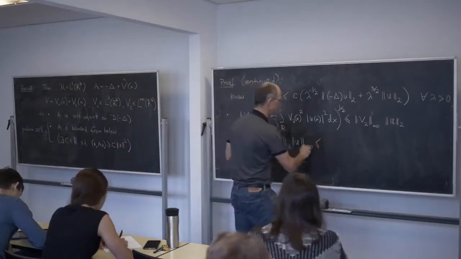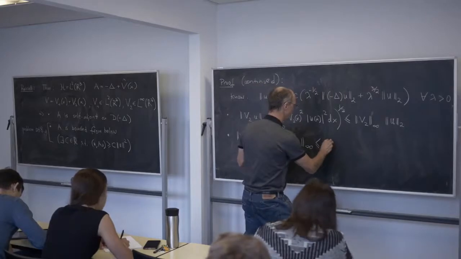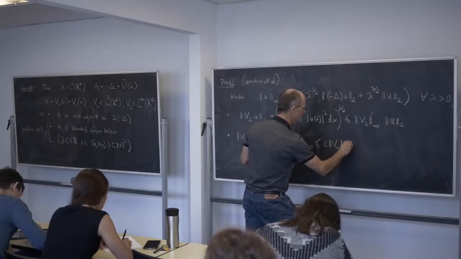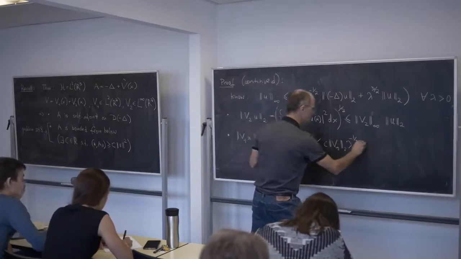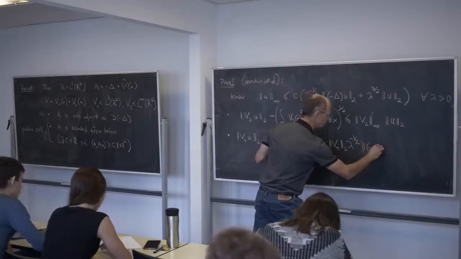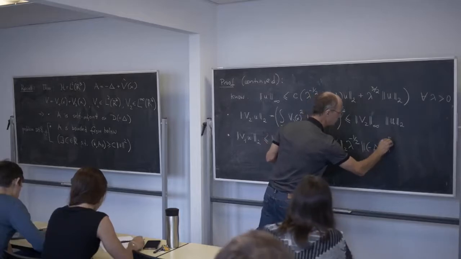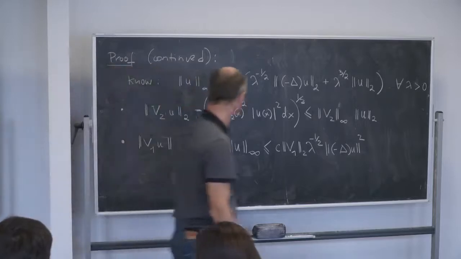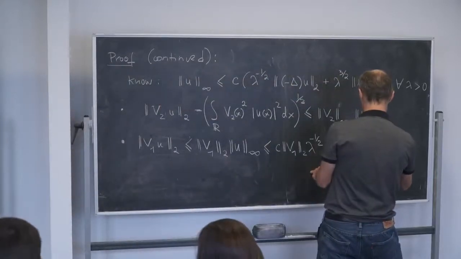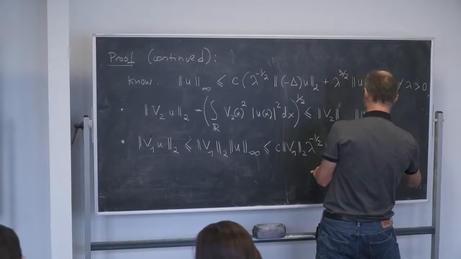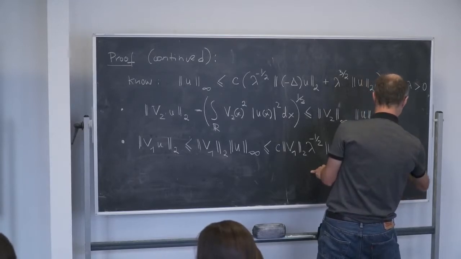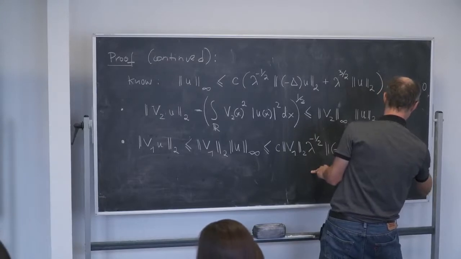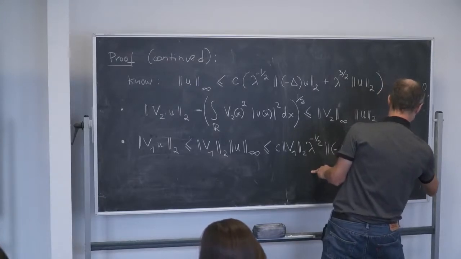So this is smaller or equal than C times the 2 norm of V1 times lambda to the minus 1/2 times the norm of the Laplacian plus C lambda to the 3/2 times the 2 norm of V1 times the norm of u.